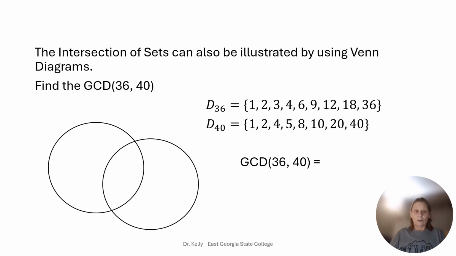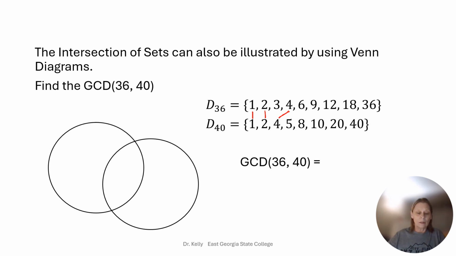Another way to do the intersection of sets is to use a Venn diagram. I know we did some Venn diagrams in the last unit, but I want to go ahead and just fill this in together here. What goes in the middle is our intersection, the ones that are the same. So I'm going to connect them with some lines here.